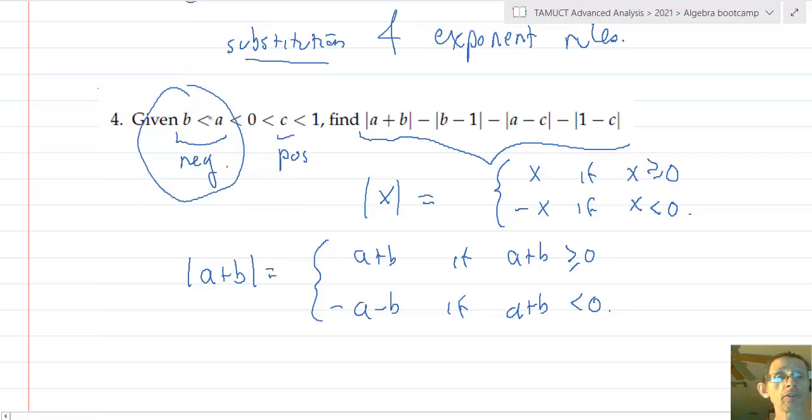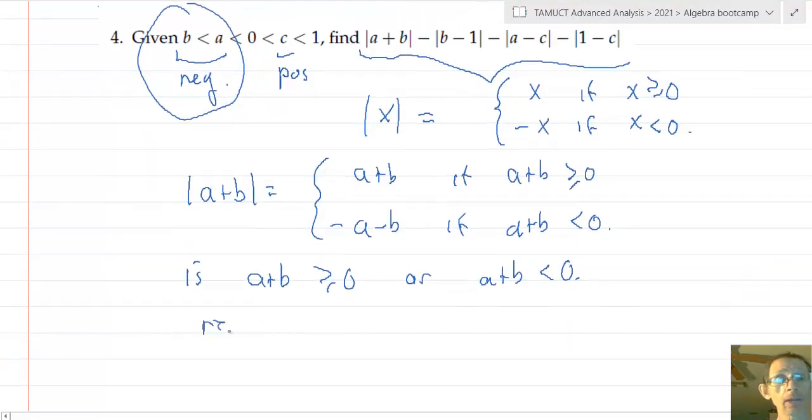All right? Now, what we need to do is be able to, can we decide from this information, is a plus b positive or negative? All right. Now we should be able to decide that from this information here. Right? If you can decide which result it is, then you can decide which expression to replace absolute value of a plus b with. Okay. So then you need to replace absolute a plus b accordingly.